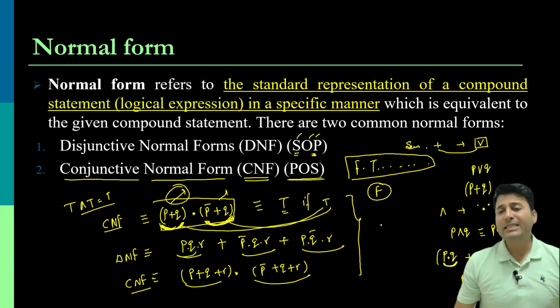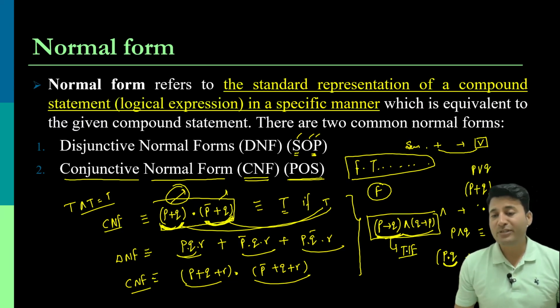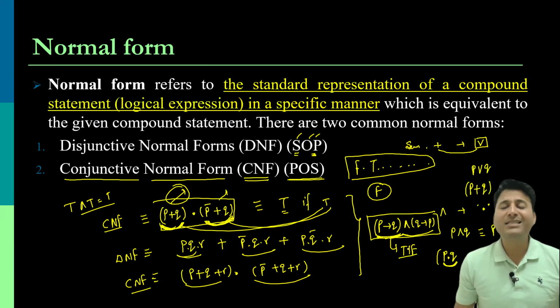On the other hand, if I have a compound proposition which looks like P implies Q and Q implies P, it is not in any of the standard forms. So if I am interested in finding the truth value for this compound proposition, I am supposed to solve it completely.